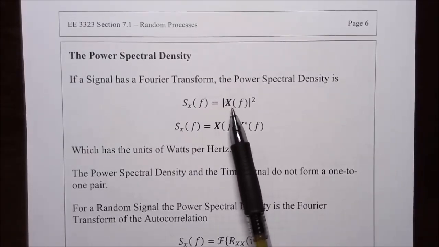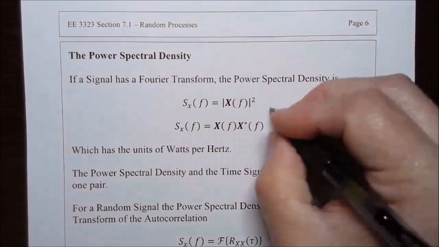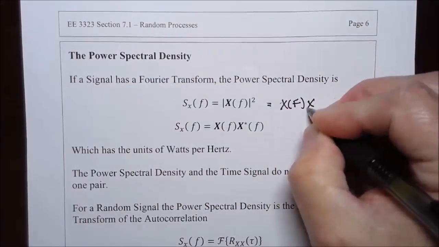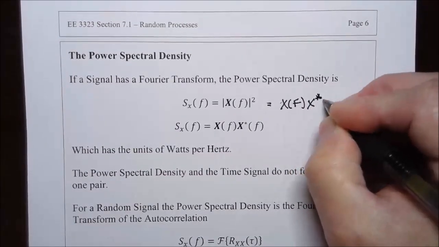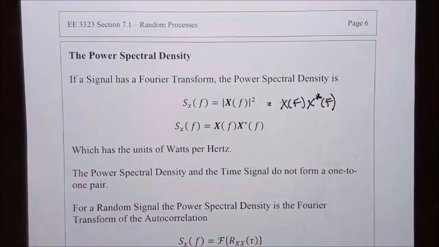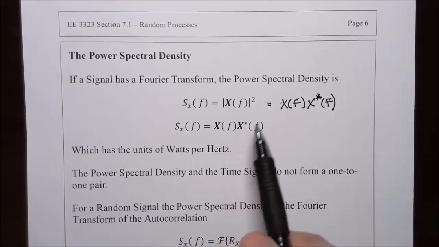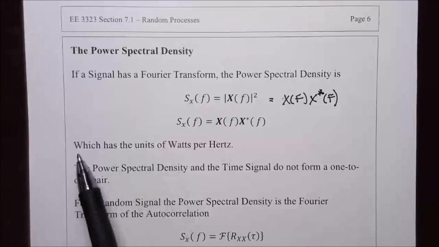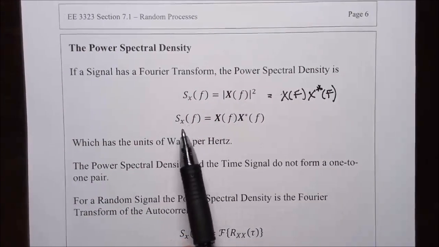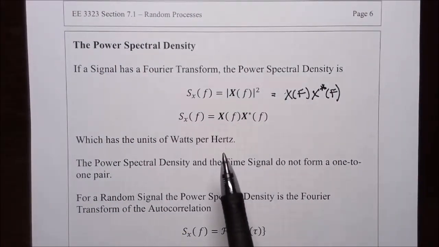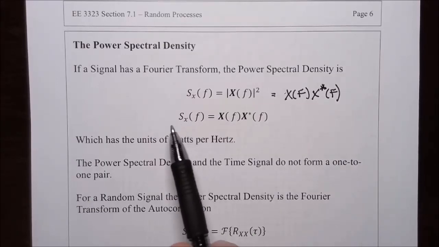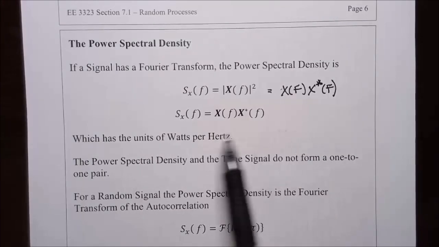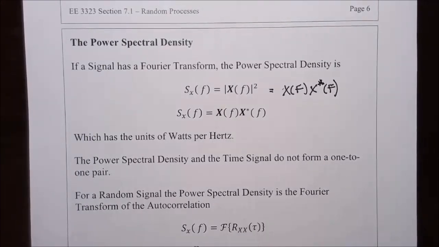If we take the magnitude squared, which is going to be X of f times the complex conjugate of X, this will always give us the magnitude squared. Now the units of the power spectral density is watts per hertz. So we're plotting watts on the vertical axis, and we're plotting frequency in hertz on the horizontal axis.